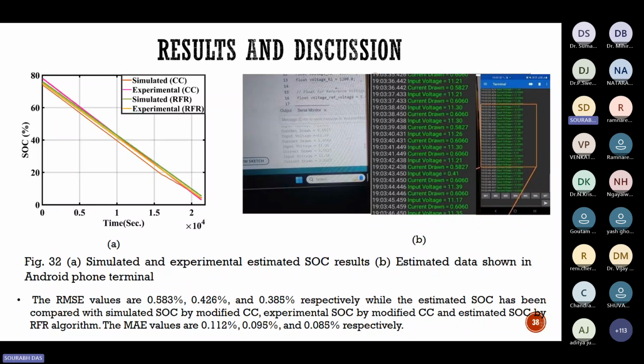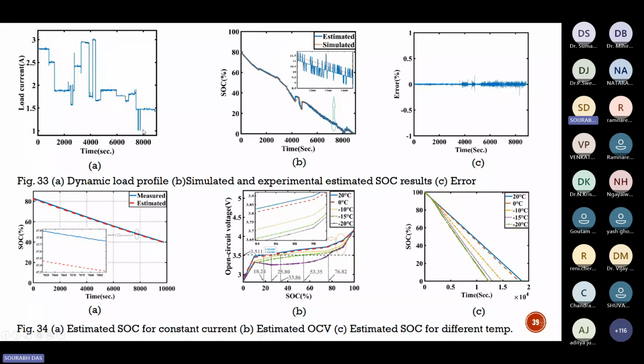Then there is the experimental SOC by the modified Coulomb counting method, and then the estimated SOC by the random forest algorithm, which we have done in the experiment. The MAE, the mean absolute error, is 0.112%, 0.095%, and 0.085% respectively. So these are some of the results which we got from these experiments.